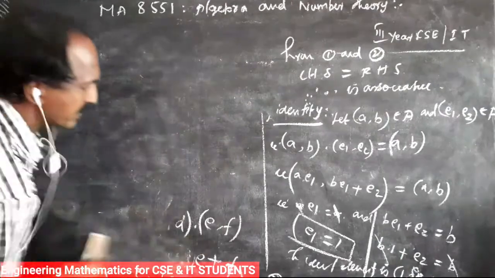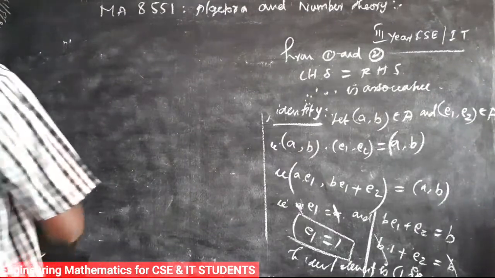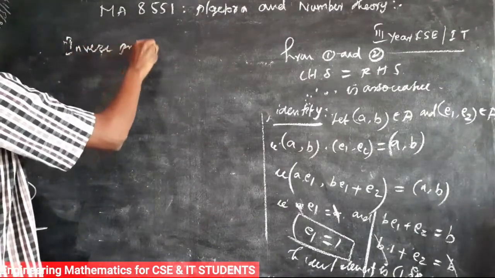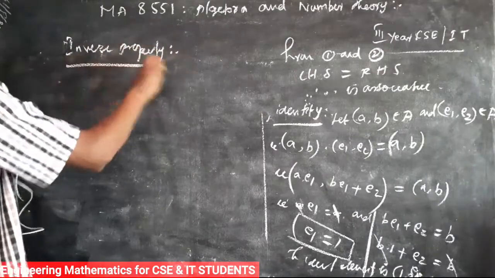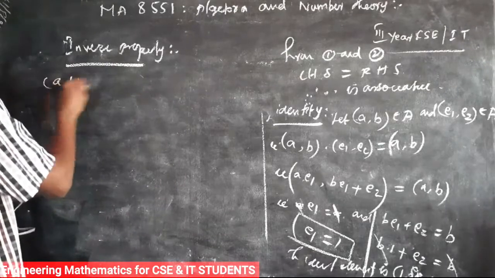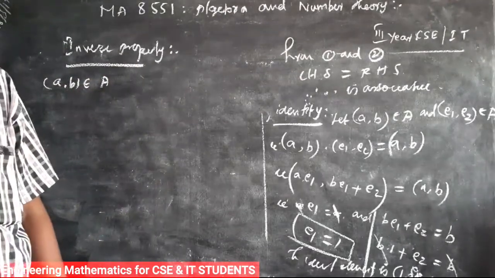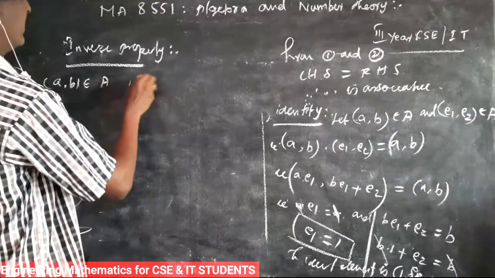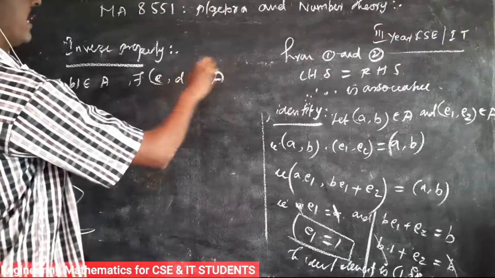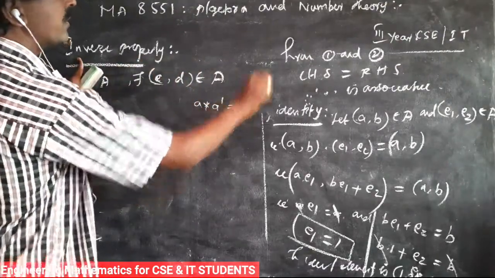Now we find the inverse. Inverse property. We take an element a comma b belonging to A, and there is c comma d belonging to A. Actually the inverse property is a star a inverse equal to e.